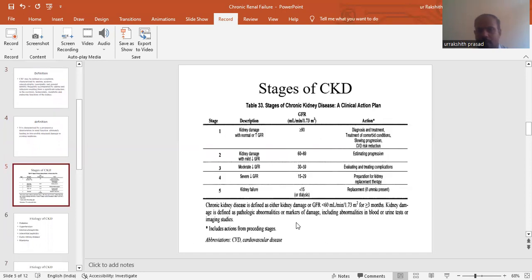Now I'll come to the different stages of CKD, how we classify them based upon the glomerular filtration rate, that is, how much filtration the kidney is doing. If the GFR is more than 90 ml per minute, we call it stage 1, where damage has occurred to the kidney.